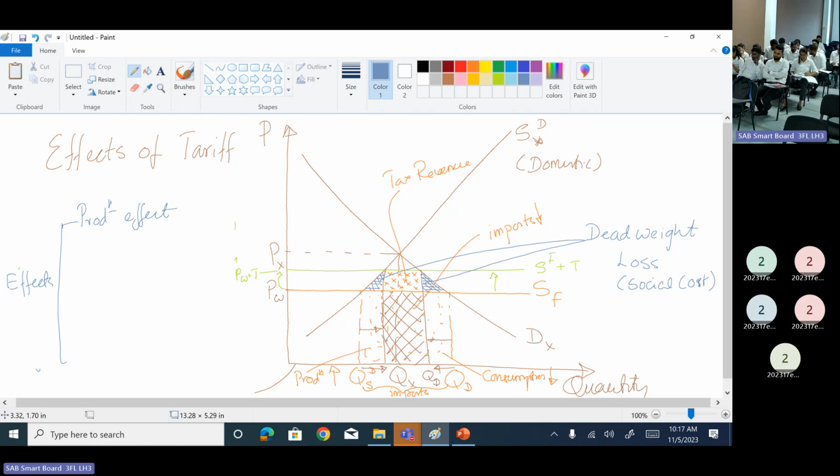Domestic production is encouraged, from here to here. And the consumption effect. What happened as a result of the tariff? Consumption is discouraged. That is the area.